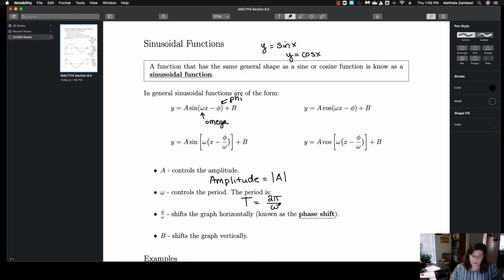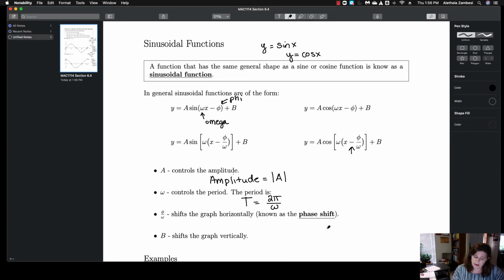Phi over omega is what shifts the graph left and right. So these are called a phase shift in sinusoidal functions, and it shifts it left if you have a positive sign, and it shifts it right based on this sign if it's negative. So this is a horizontal shift, and we will go through those in detail in 6.6.